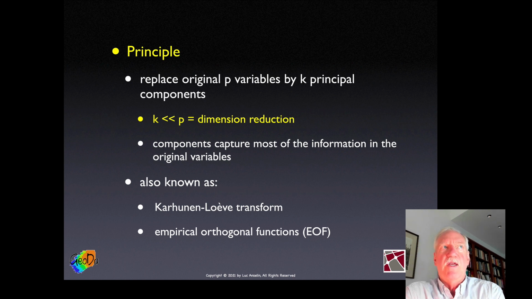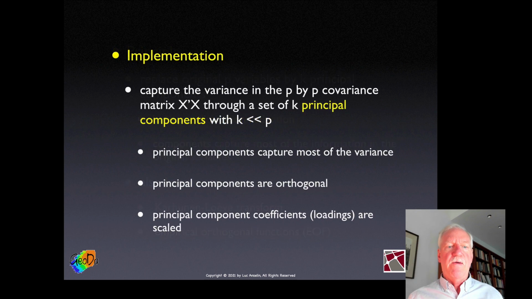For example, in the machine learning and operations research literature, it's known as the Karhunen-Loève transform. In image analysis, remote sensing, it's known as empirical orthogonal functions. And so there's different terms for these things, but they're always the same mathematical result.